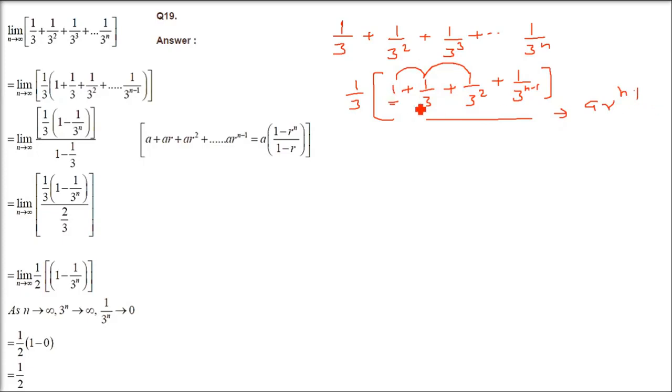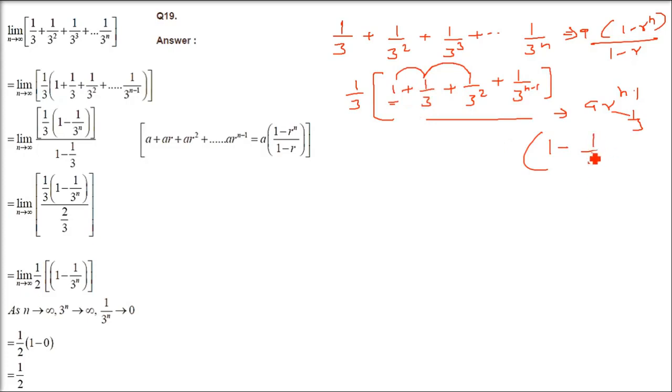So the summation is a into 1 minus r to the power n, by 1 minus r. A is 1 here and r is 1 by 3. So just ignore a, because 1 into anything is the same number. So r we are going to put as 1 by 3.